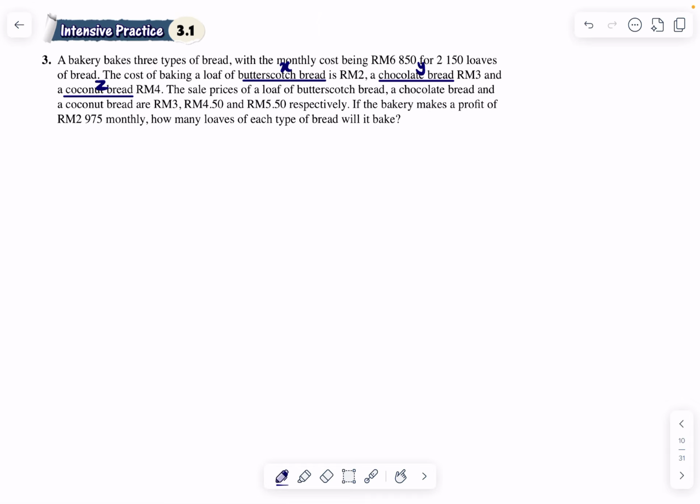Okay, so here they said the total cost is 6850, and we know each individual cost of the bread. So what we can do is 2 ringgit times X number of butterscotch bread plus 3 ringgit times Y chocolate bread, 4 ringgit times Z will bring us to a total cost of 6850.